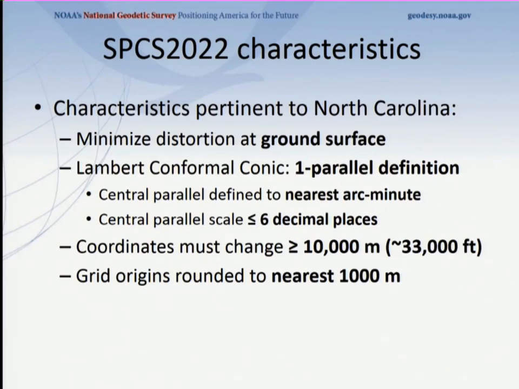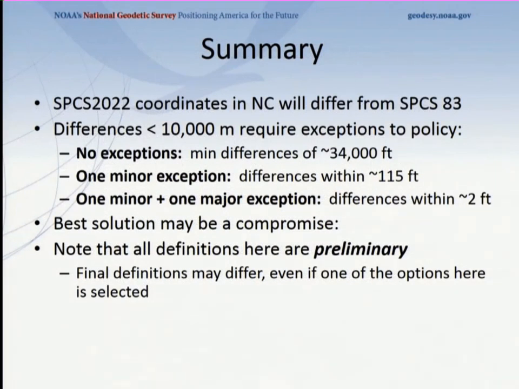And you can see some of the other requirements is that the central parallel has to be defined to the nearest arc minute. And by NGS requirements, the coordinates must change at least 10,000 meters. So that's one of the requirements. If we meet all the requirements, then the coordinates will have to have that large change. And the grid origins will have to be rounded to the nearest 1,000 meters.